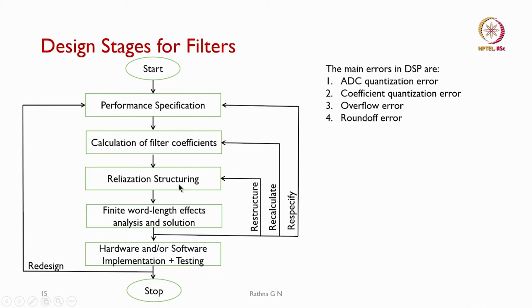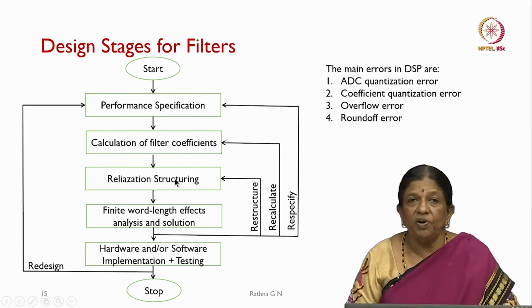So, whether we want linear phase for an FIR filter or cascaded sections for an IIR filter, and then we will look at the finite word length effects analysis and solution, and later on port them onto the hardware and software implementation, and then go with the testing.